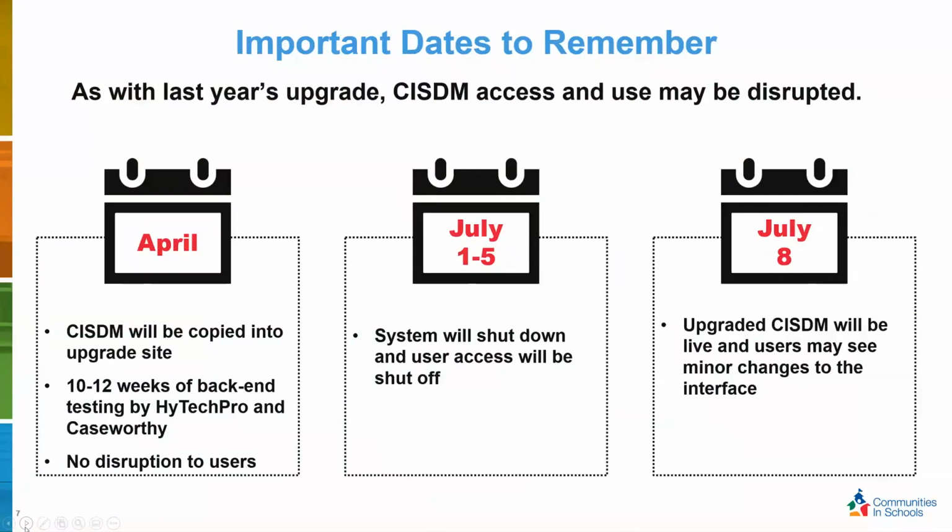But if we can get it available sooner, we will definitely pursue that. So whenever we know a more specific timeline based on Caseworthy's ability to make all of the changes we're requesting, we will let you all know. But yeah, definitely plan for it to be released when the upgrade is complete.